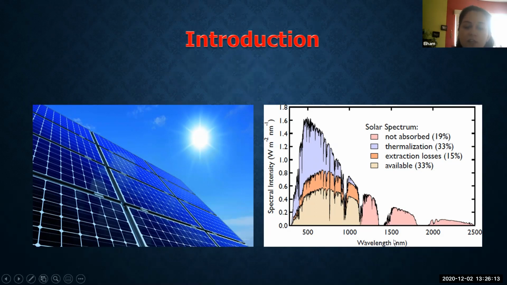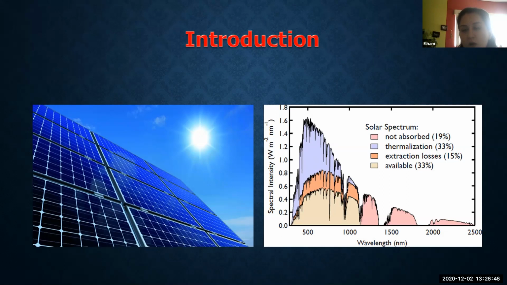Photons that don't have enough energy to overcome the band gap of the solar cell will be wasted, mostly in the red region. Photons with more energy than the band gap waste the excess through thermalization. So to have efficient solar cells, we need to use these parts of the energy as well.